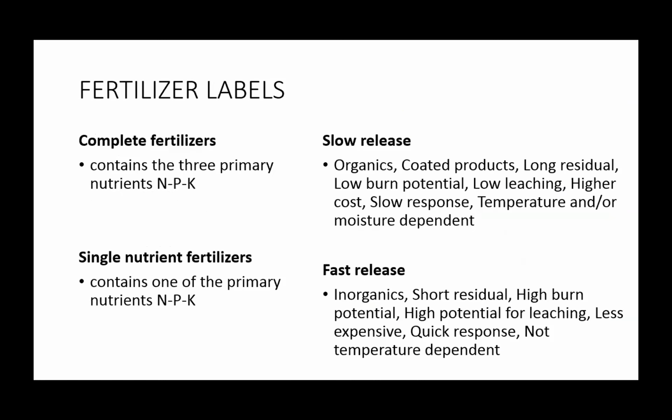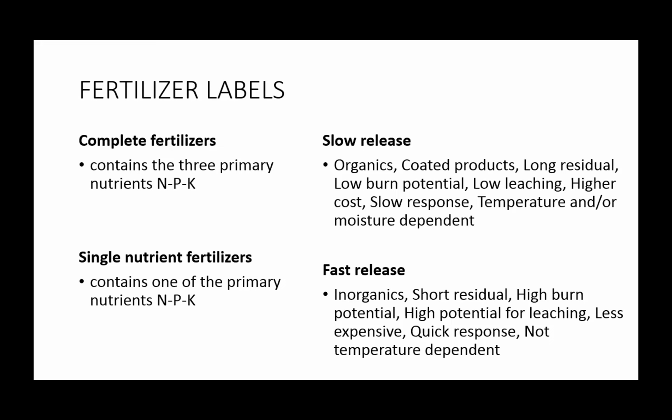So complete fertilizers are those that have a little bit of all 3 of those, and they might have some other components as well. But in a lot of cases, maybe we just need 1. We might only need nitrogen, or just phosphorus, or just potassium. So there are single nutrient fertilizers, or primarily 1 nutrient, so that we can just apply that one without over applying the others.